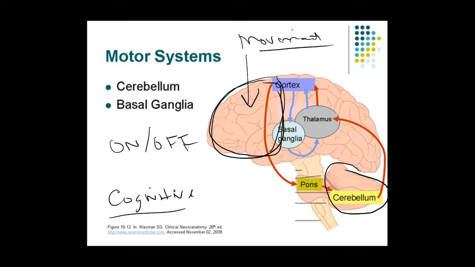So in other words, if you're going to have movement, then movement starts in the frontal lobe. When movement starts in the frontal lobe, it goes down to the basal ganglia, and the basal ganglia says, oh cool, that's awesome, let's turn on, let's activate, let's move.